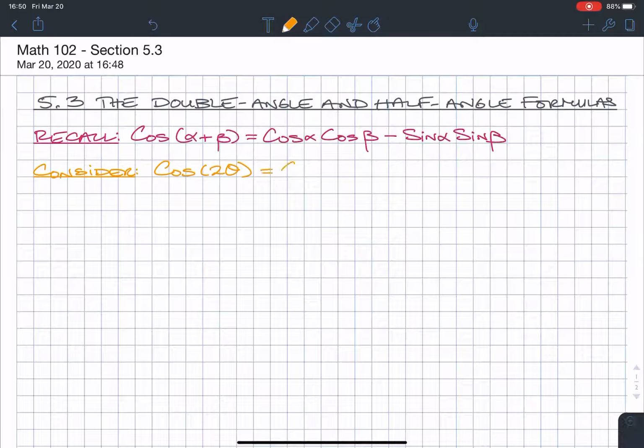Well, I claim that that's cosine of theta plus theta, which means I can write this as cosine of the first times cosine of the second minus sine of the first times sine of the second. That is, I can write this as cosine squared theta minus sine squared theta.